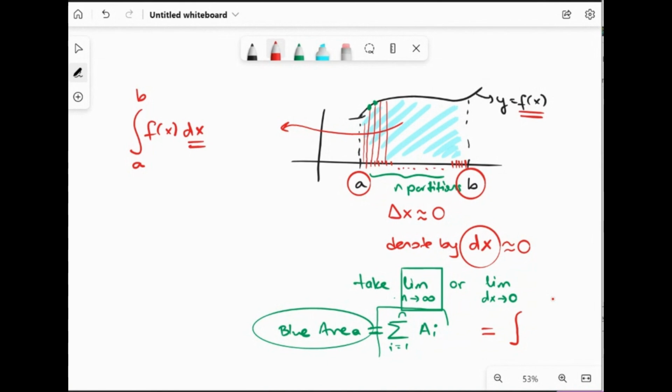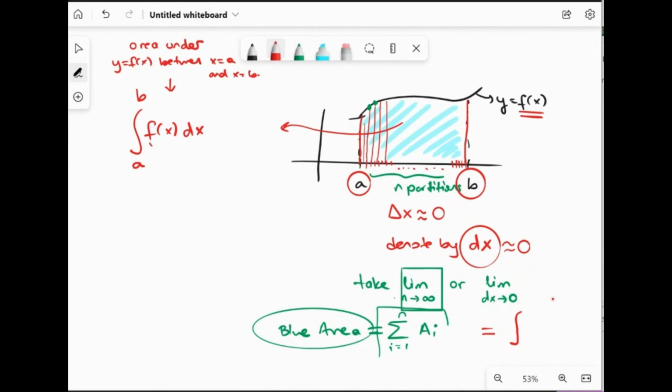Remember, we always had dx when we talked about the antiderivative. So in fact, this is the area under the curve y equals f of x between the values x equals a and x equals b. This area is given by this integral.